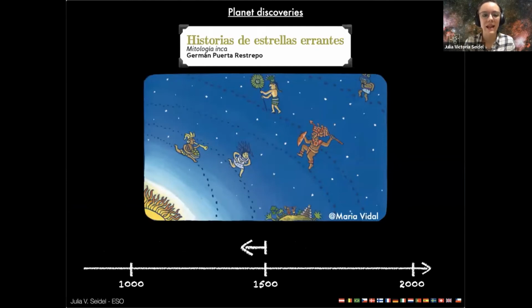They called them estrellas errantes, which means wandering stars, because they didn't have access to telescopes, but they were very much aware that there are 5 visible planets in our solar system that move apart from the stellar background, so to say. And they based many things on these moving stars.